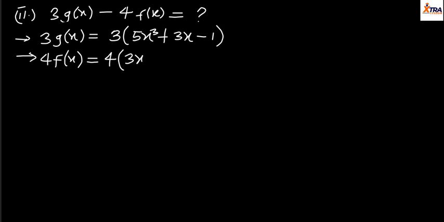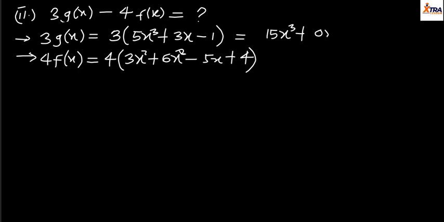If I multiply the first, I'll simply have 15x cubed, then 0x squared, then 3 times 3x, that's 9x, then 3 times minus 1, I have minus 3.